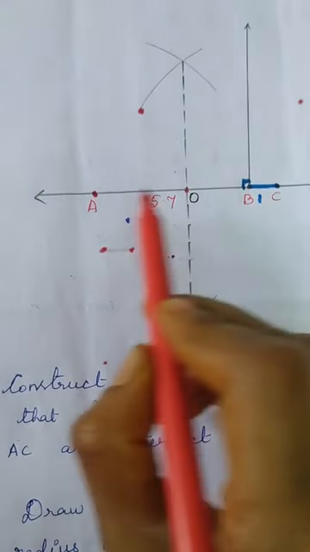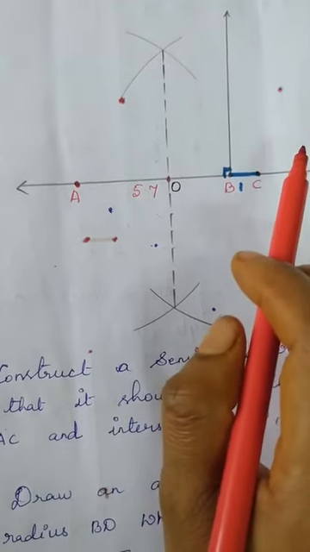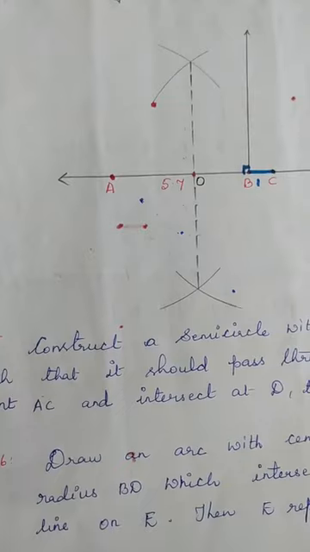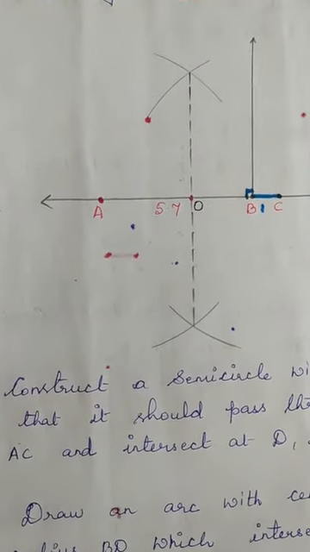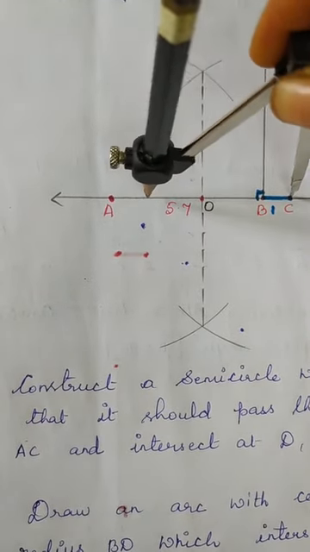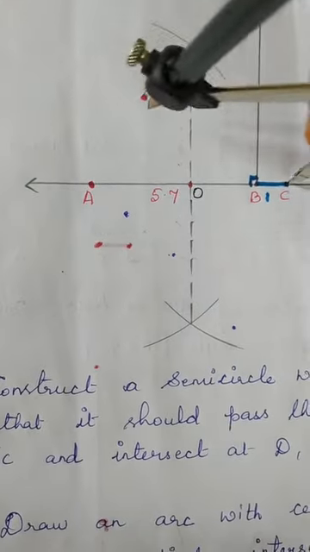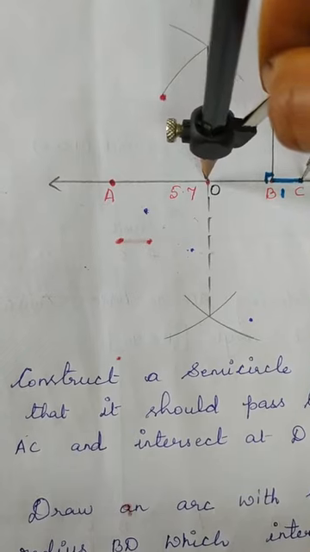Between A and C, you are going to take more than half of the line segment, more than half of the radius. I will tell you how to take more than half. When you keep the tip of the compass on C and you just take, this is more than half. Children, half means this, no? Randomly half means this.